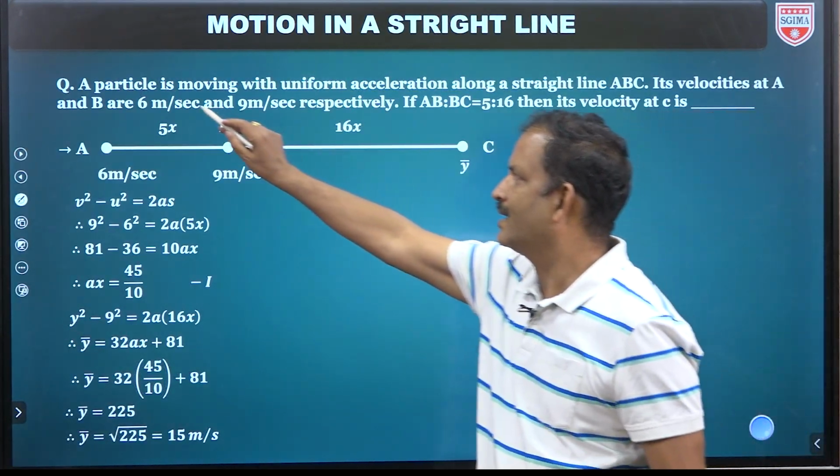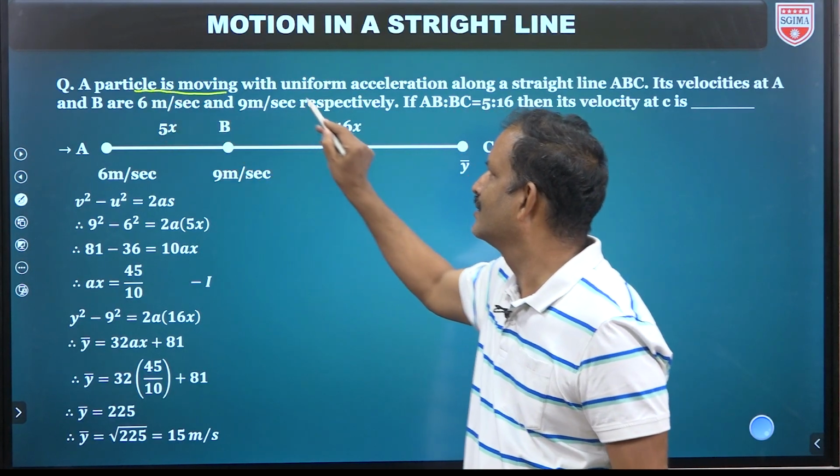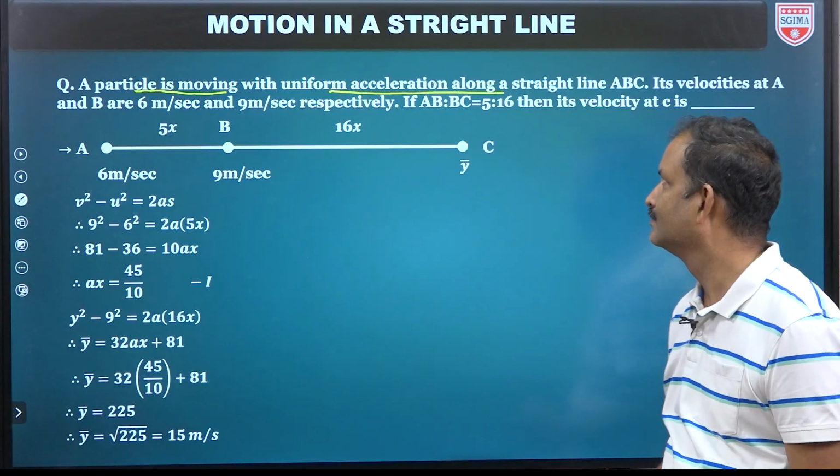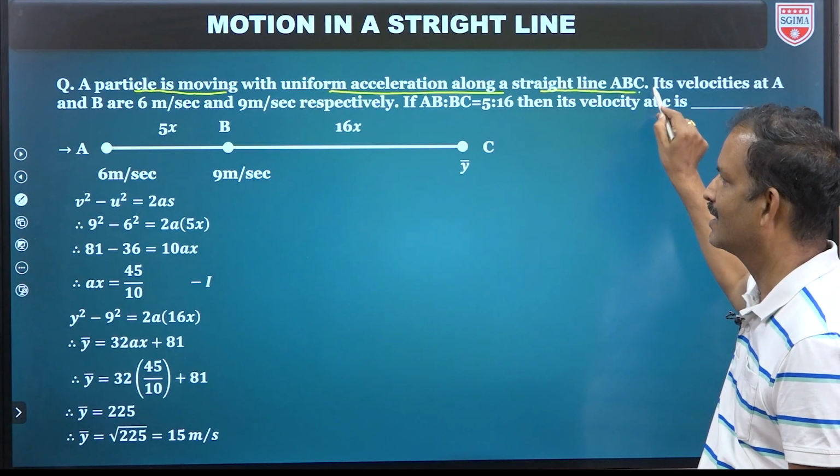Suppose a particle is moving with uniform acceleration along a straight line ABC.